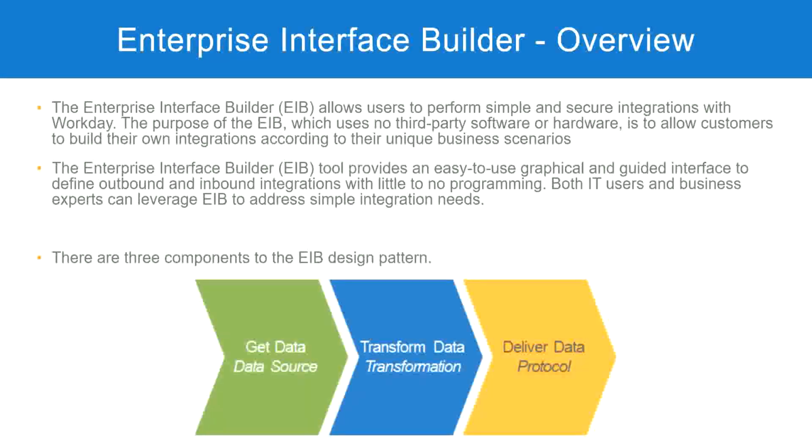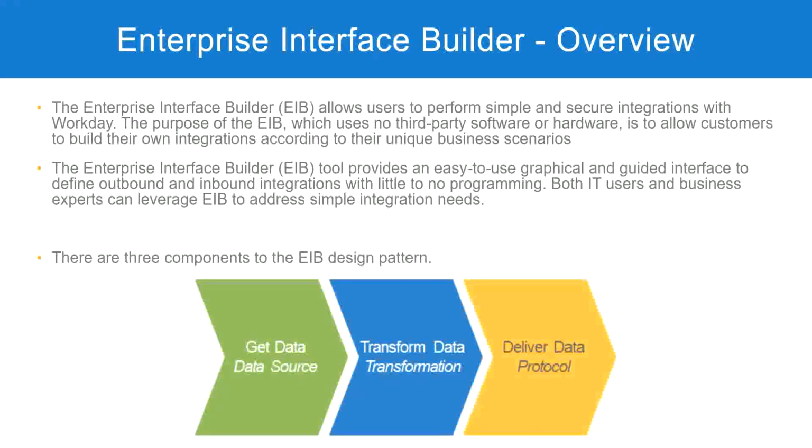When we create an integration using EIB, we will see these 3 steps there as well. Get data, transform data, deliver data. These are the 3 components in an EIB design pattern. So we are going to configure these 3 steps. Get data: where are we going to get the data from?